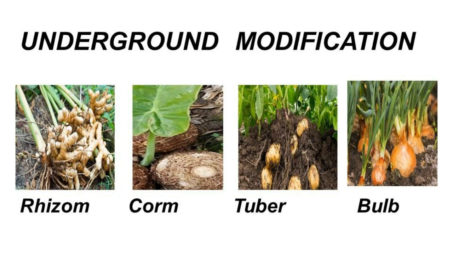And there are four types of underground stem. The first one is rhizome, with the example turmeric. The second one is corm, with the example colocasia. And third, tuber, with the example potato, and bulb, with the example onion.